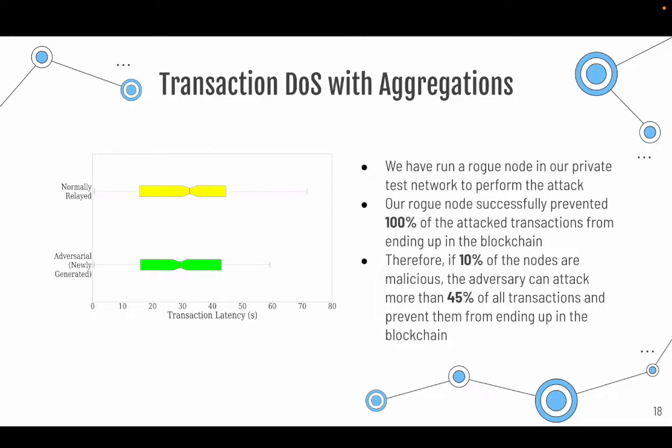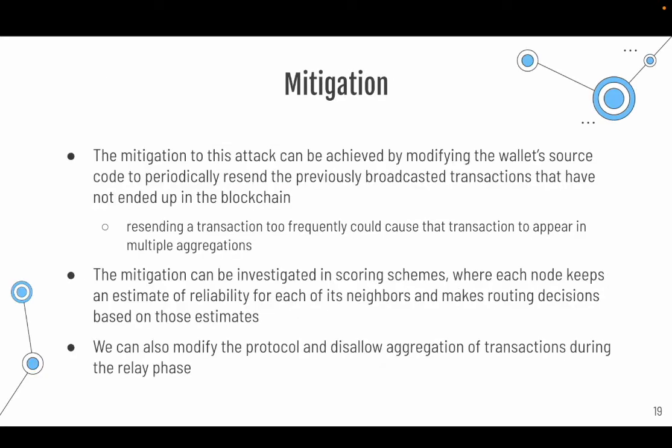So based on the results from the network simulator, we know that if 10% of the nodes in the network are malicious, then the adversary can successfully attack more than 45% of all transactions and prevent all of them from ending up in the blockchain.